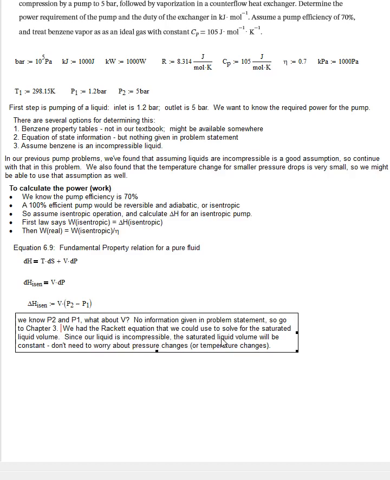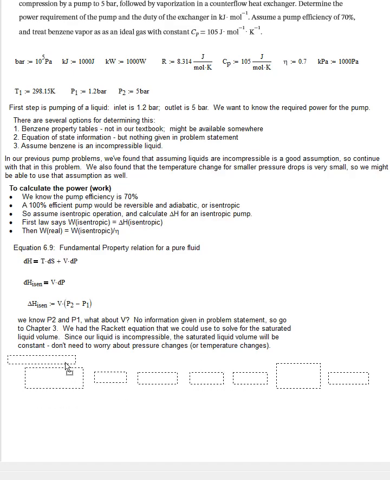So the volume that we calculate for a saturated liquid is going to be the same volume that we have for a subcooled liquid. There's not going to be any volume change for an incompressible fluid with pressure or temperature. So we can go back to chapter 3 and use the Rackett equation.